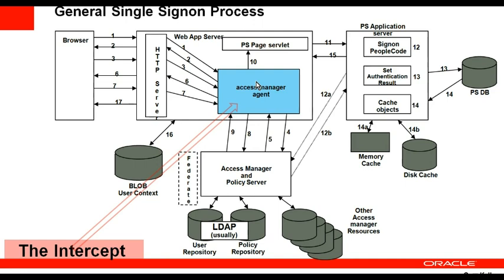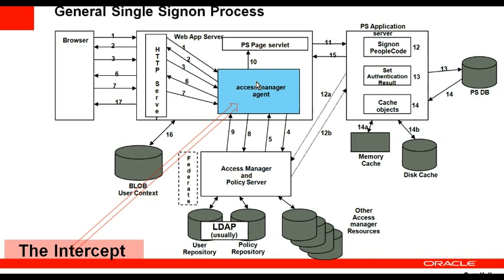Once the user validates their credentials with the access management system, the access management system then does a redirect into PeopleSoft, having extracted the PeopleSoft user ID associated with the Access Manager user ID. And then PeopleSoft authenticates the user based on that.